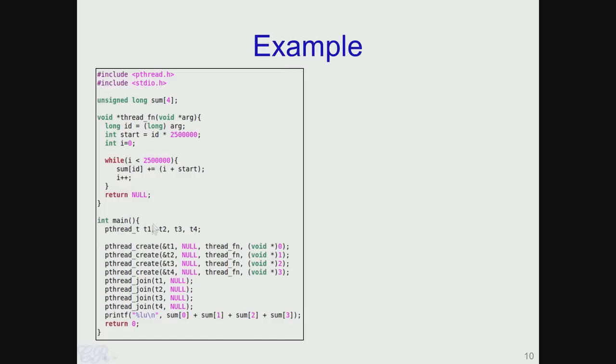First of all, we define 4 variables of type pthread_t. These are T1, T2, T3 and T4. These are going to be used to create the 4 threads, and these would contain the thread IDs or the TIDs. Now, as we have seen in the earlier slide, creating the thread is done by the function called pthread_create.